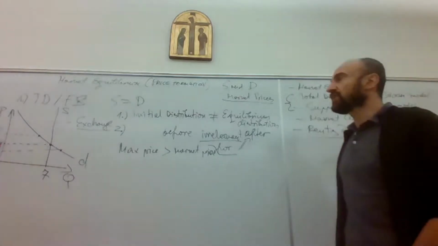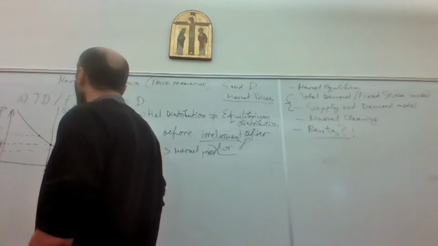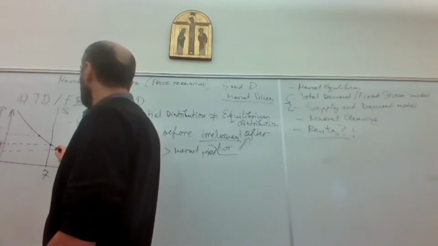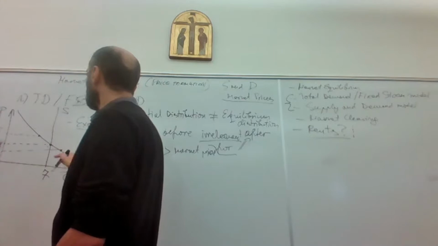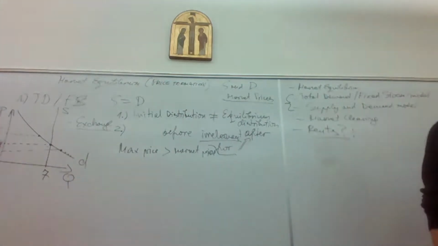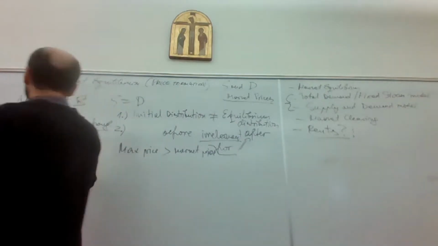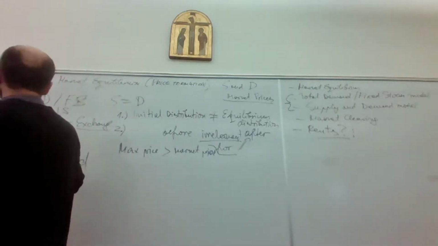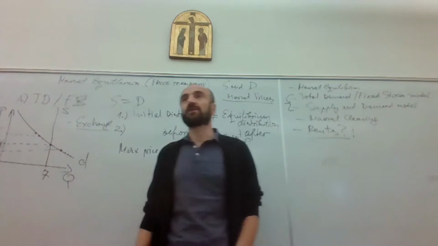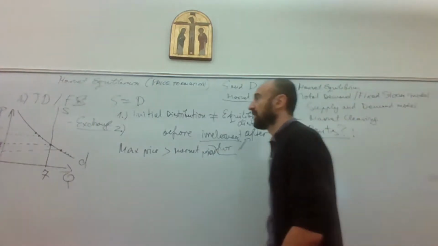So then imagine a situation in which there are four people with reservation prices lower than $5 for the given cakes, and 3 people whose reservation prices are higher than $5 for the given cakes.